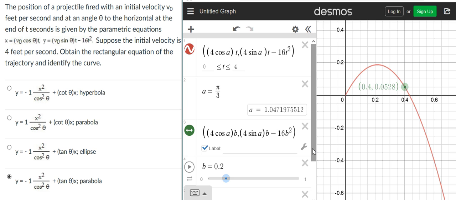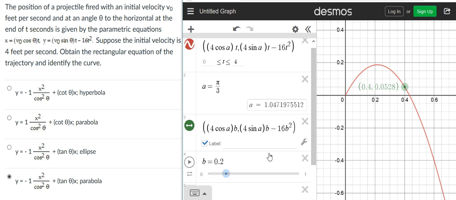And then you can see that instead of t here, I put b. So b stands for a different time, when theta is again 60 degrees or pi over 3 radians.